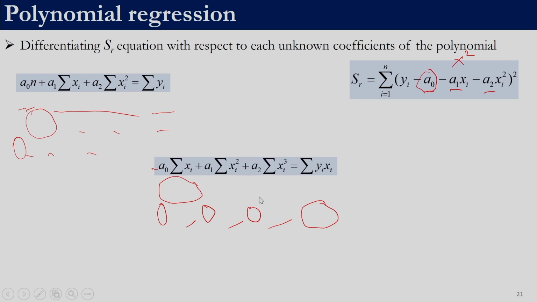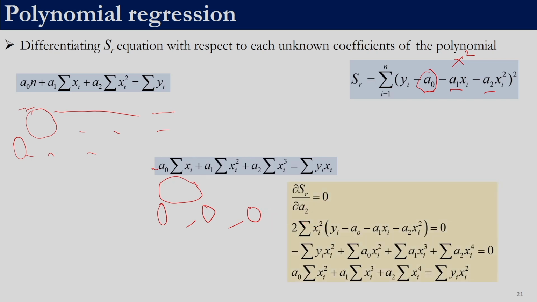So, this is the second equation, and the third equation is dou SR by dou A2 equal to 0. Again the same concept we need to apply. Since it is differentiation with respect to A2, this xi square is a constant, and because of this the minus sign appears over here.